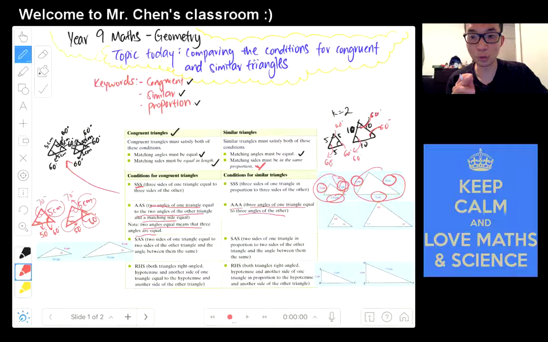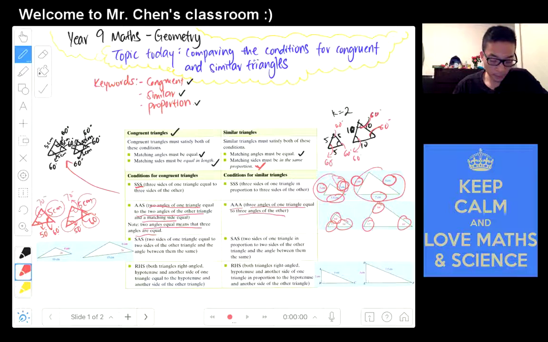For congruence, one of the sides has to be the same. For similar triangles, angles. Look at this, 84. The other one is 84, 57, 39 degrees. So you know that is a similar triangle.